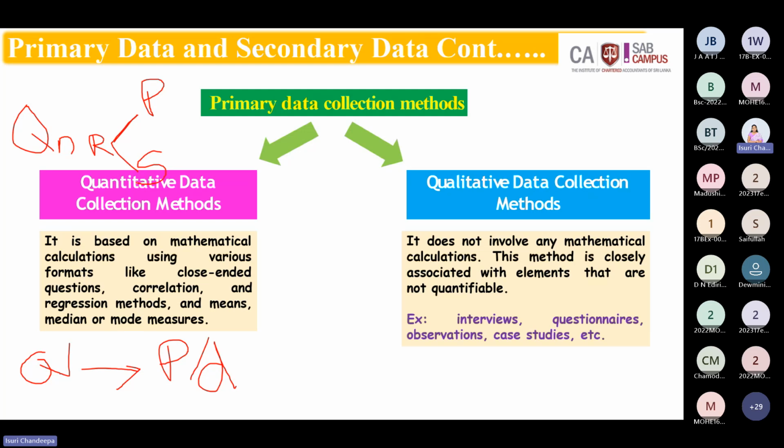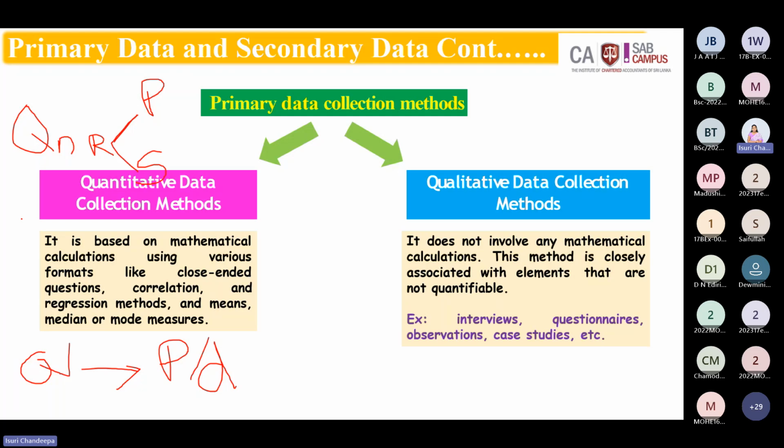The supervisor or else external parties can't determine your data collection method. What kind of data you are going to use can't be determined by outside parties. You have to refer the literature review. You have to read the similar papers and then identify what is the best data type to suit my research, whether it is primary, whether it is secondary. Right?